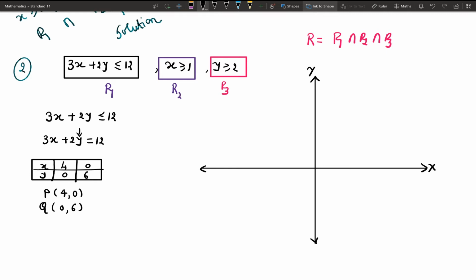Now let us put the point P 4, 0, arbitrarily 1, 2, 3, 4.